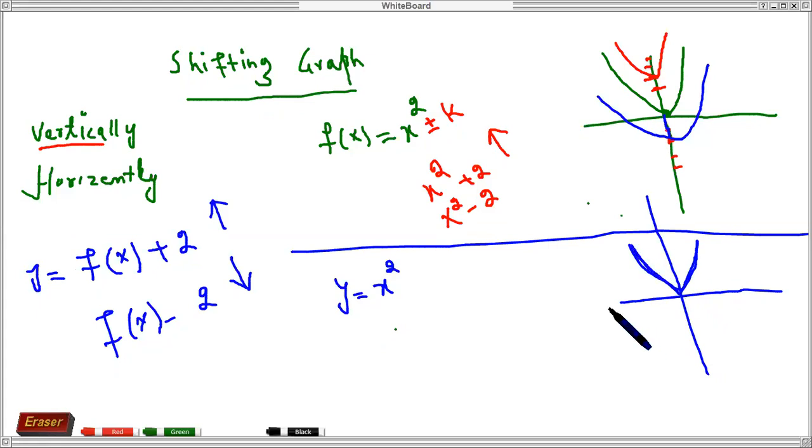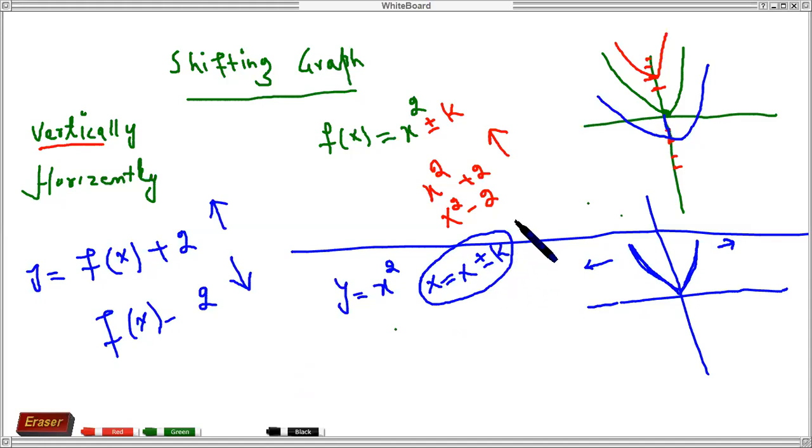Now, if you want to shift the graph horizontally, on the right side or on the left side, how can you shift? In this case, you need to replace x with x plus k or x minus k, where k is any number.